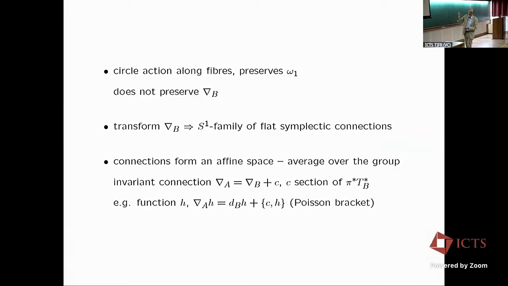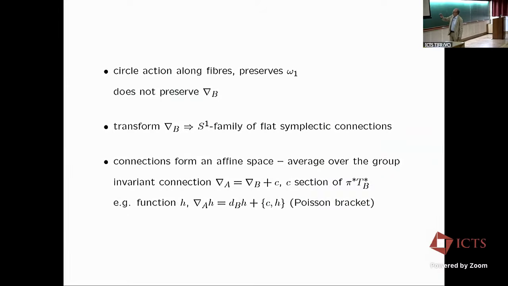That Lie algebra is the space of real functions on M, thought of with the Poisson bracket as the bracket, the Poisson bracket given by symplectic form omega 1. So C is, I want to think of this as a one form with values in the Lie algebra. So it's a one form with values in functions. That's the same thing as a section on the total space of the pullback of the cotangent bundle.